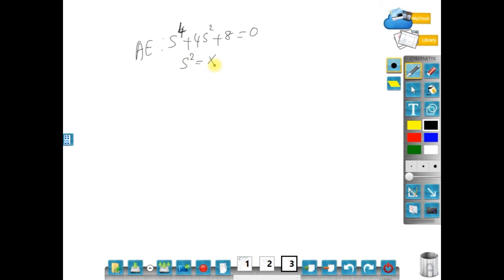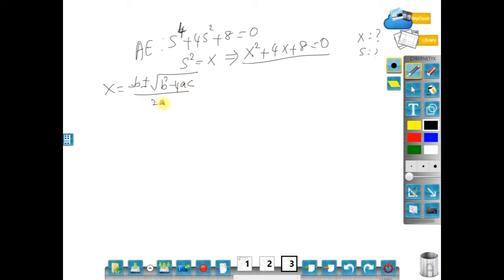So the equation will be X square plus 6X plus 8 equal to 0. First we have to find the value of X, and then we need to find the value of S, right? So with the help of this formula, minus b plus or minus root of b square minus 4ac divided by 2a.